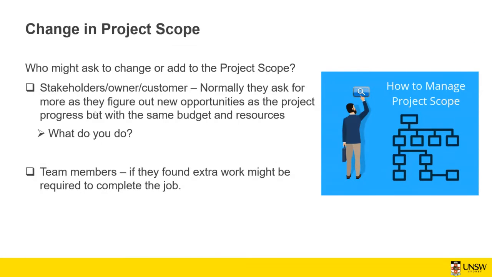You can also suggest some solutions, or the team members can suggest solutions, and you can state the problem, the possible solutions, the consequences of each solution, and the consequences if we don't do anything. All these things you need to provide to the stakeholders so they can make an informed decision.